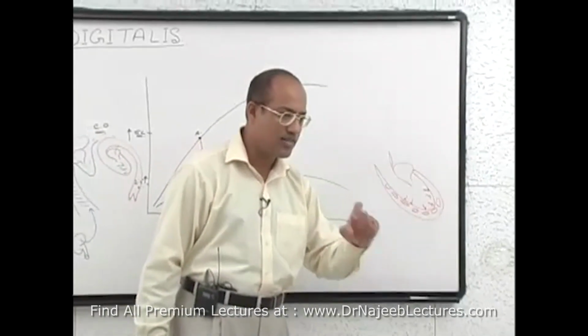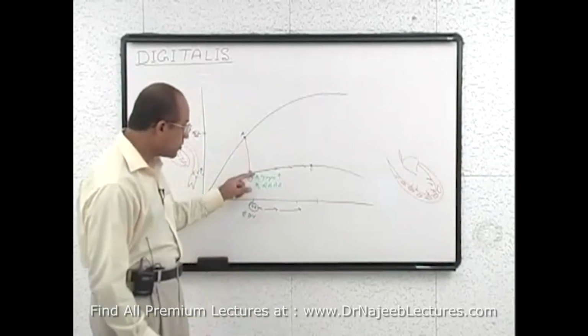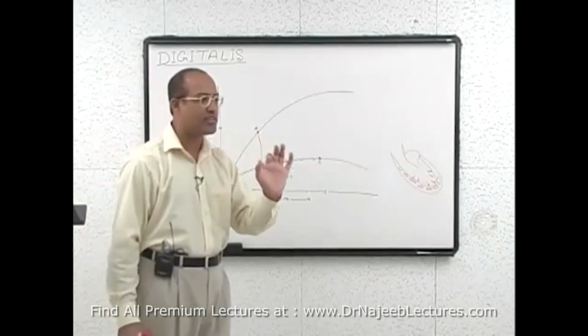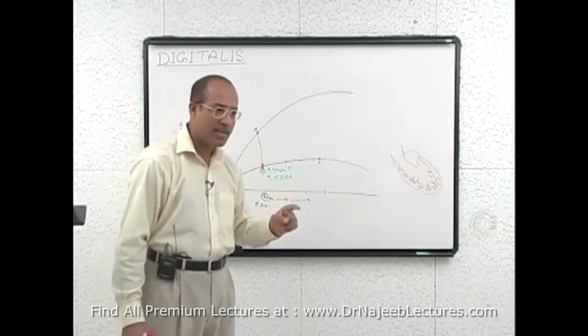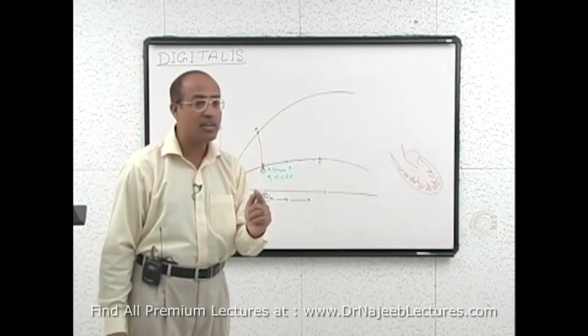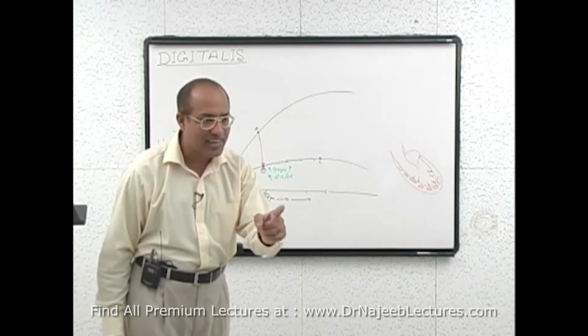Is that right? This is the bad thing. This is the price you pay for neurohumoral compensatory mechanisms. Write it down, one classical sentence: the sympathetic nervous system and the renin, angiotensin, aldosterone system are neurohumoral compensatory mechanisms which are good in the initial stages of cardiac failure.